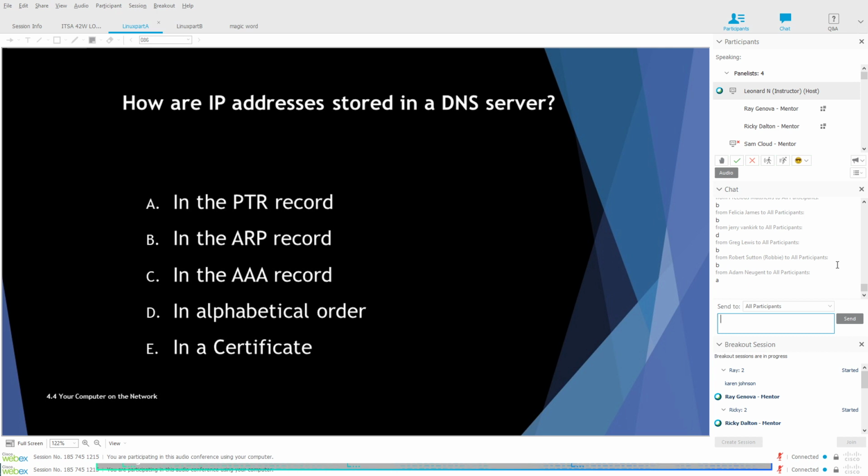How are IP addresses stored in a DNS server? Are you guys sure it's not C? Why is C incorrect?